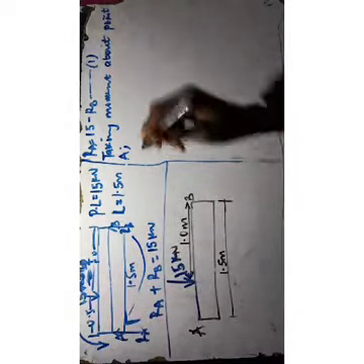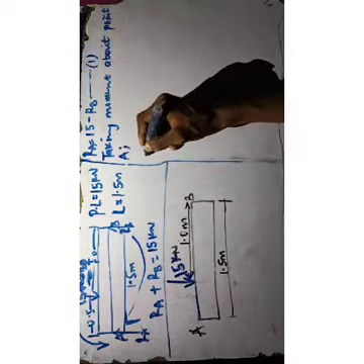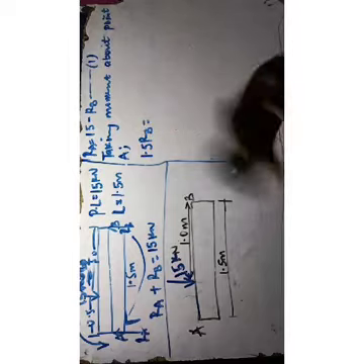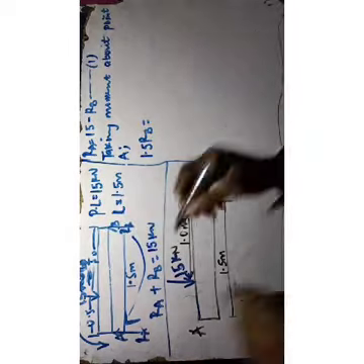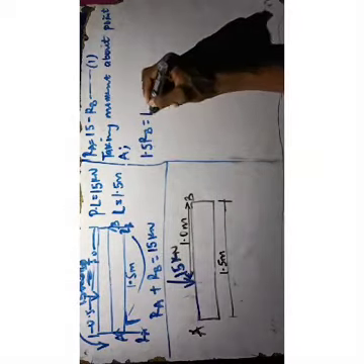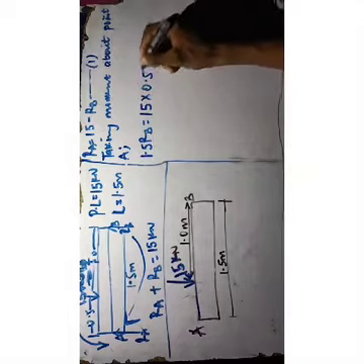So at this point I'm going to have my RB clockwise equals anticlockwise. RB will be covering 1.5 distance, so that will be 1.5 RB equal to 15 times 0.5. So 15 is covering 0.5. That will be 15 kilonewton times 0.5.